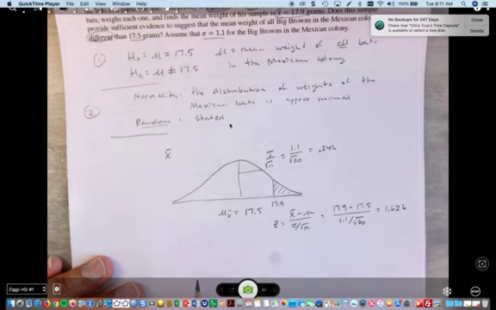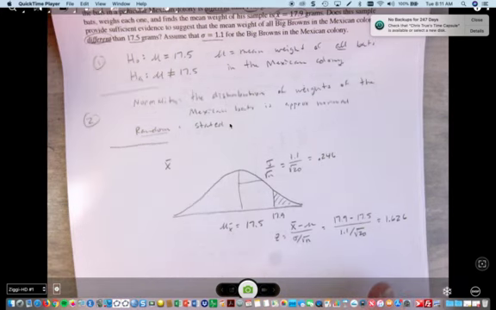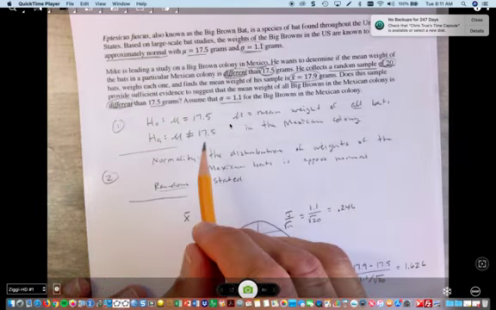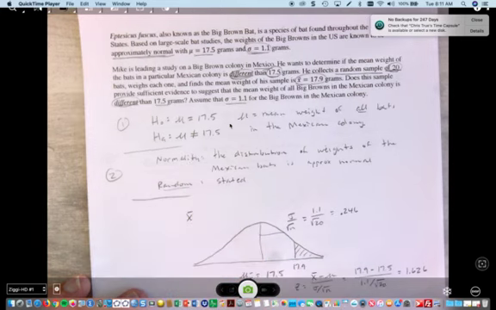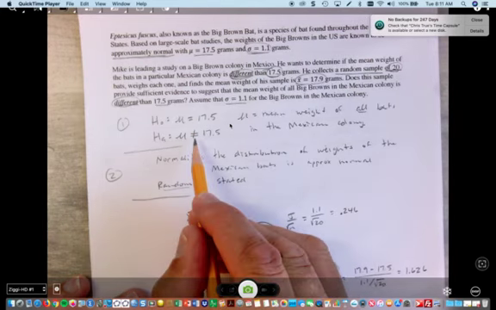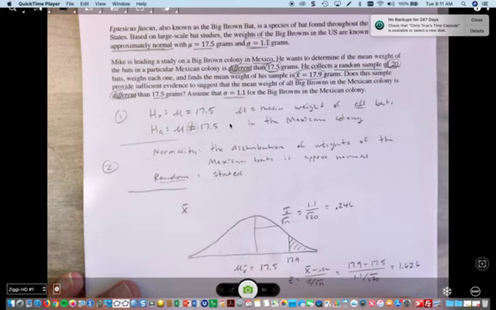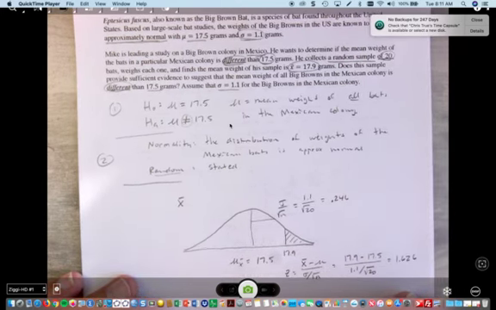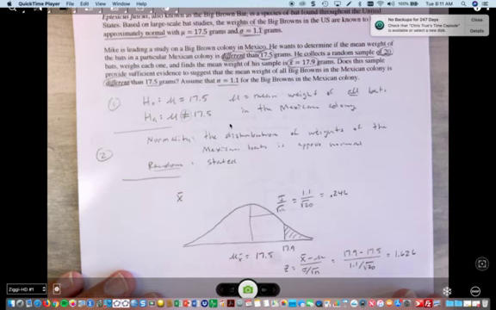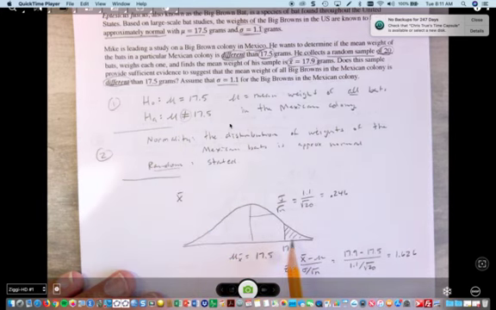Now, I want to calculate this probability, but there's something else that I need to look at up here as well. All right, so on our last problem with the filling of the bottles, our sign up here was less than. Okay, now it's not equal to. If this sign up here said greater than, all we'd have to do is calculate this probability, and we would be done. All right, but this one says, is it different than 17.5?